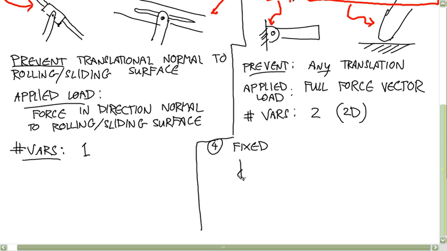So it looks like that. It prevents any kind of motion. So what kind of reaction loads does this apply?